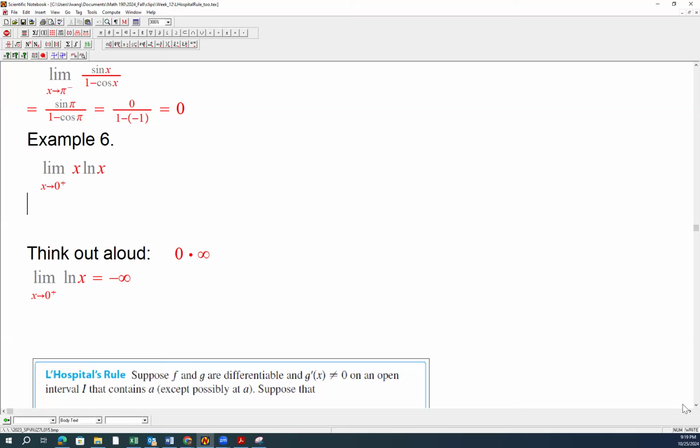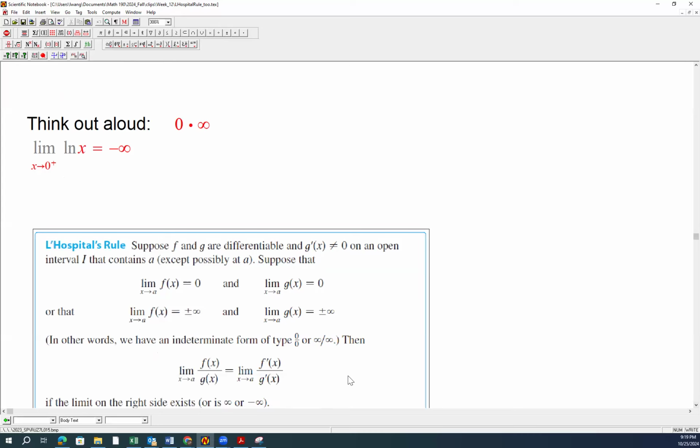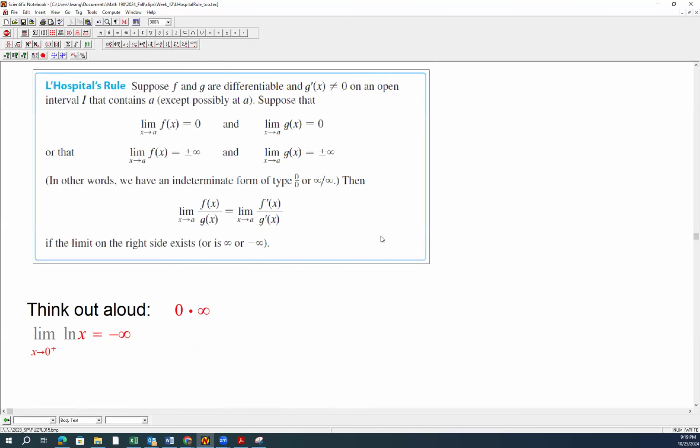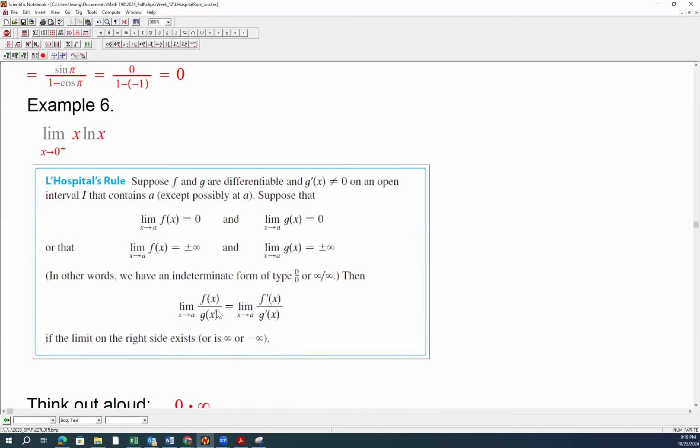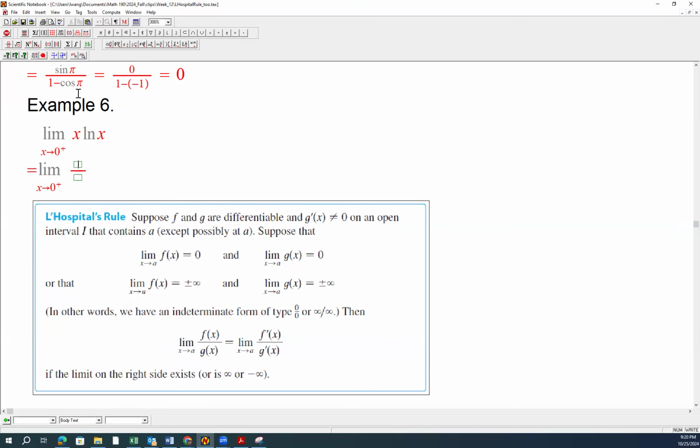First of all, we don't have a fraction situation. We must have a numerator and denominator situation. We don't have this situation, so can we create one? Yes, we can. What we can do is make it ln x over 1 over x.